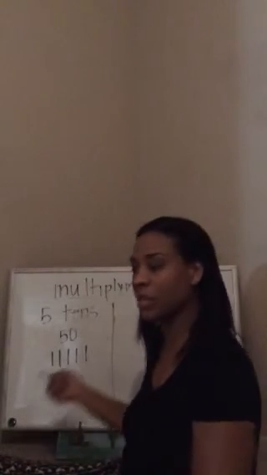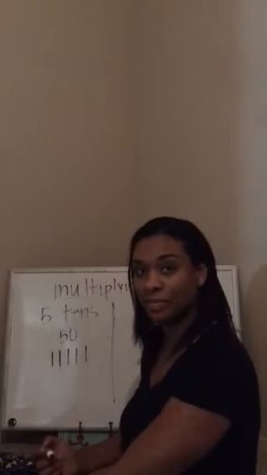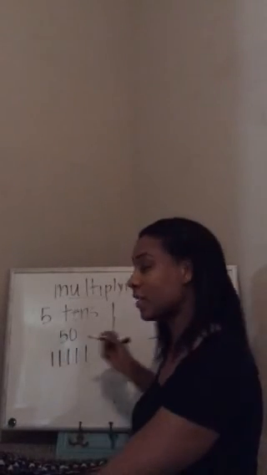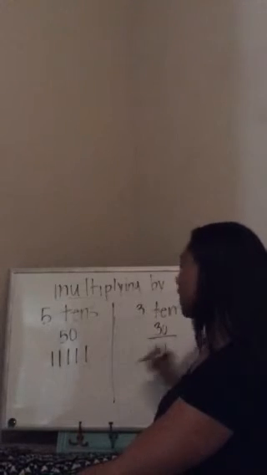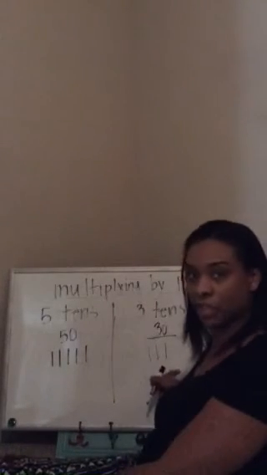Okay, your turn. Please show me 3 tens or 30 using a picture. Pause the video and press play to start again. So how'd you do? If you wrote this on your board, 10, 20, 30, you are so smart. Good job. 30 is represented with this picture.